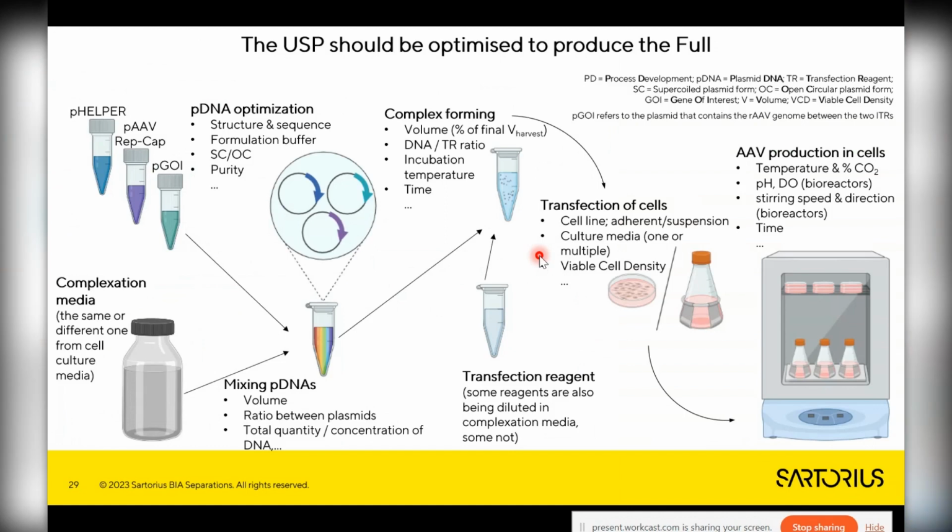We wanted to bring, again, analytics here because we are quite blind about what is going on in the upstream, and we know that there are many different parameters, from plasmids to transfection reagents, media, scale, suspension, not suspension, adherent, whatever. So a lot of different things may influence our expression.